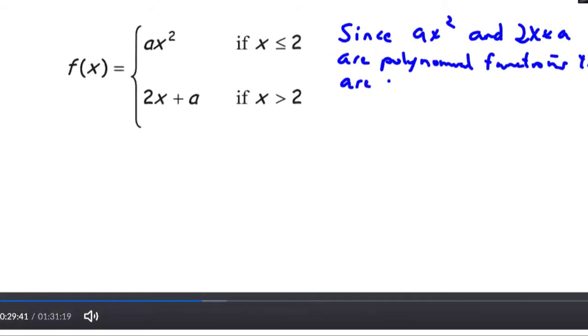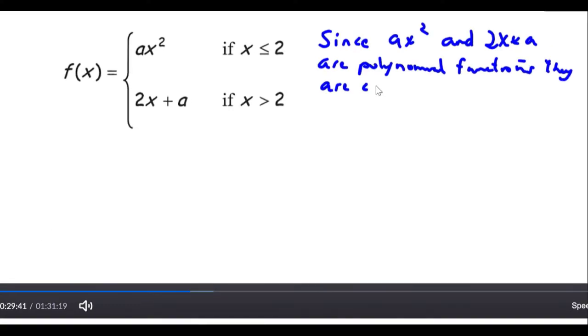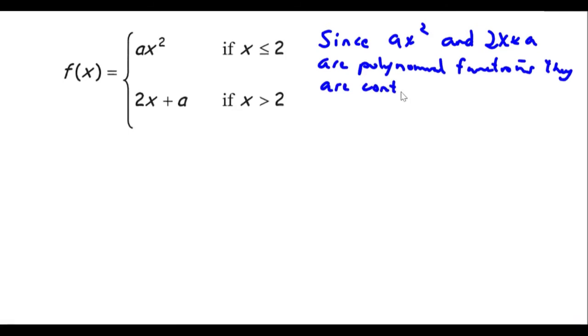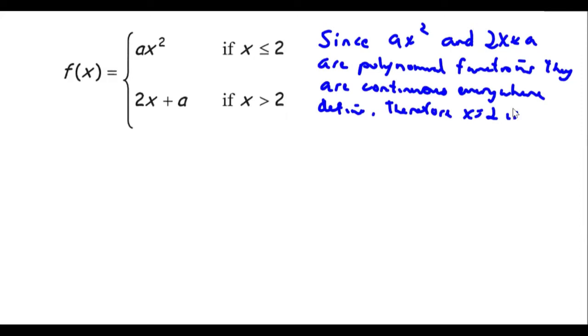They are continuous everywhere they're defined. Therefore, x equals 2 is the only possible point of discontinuity.